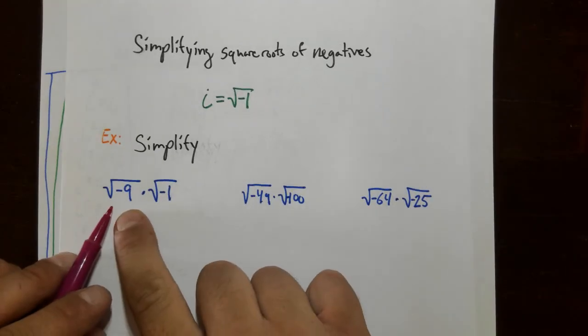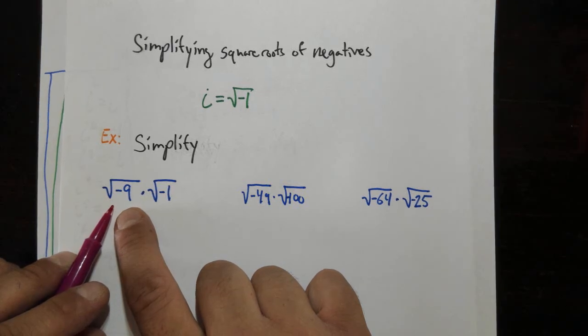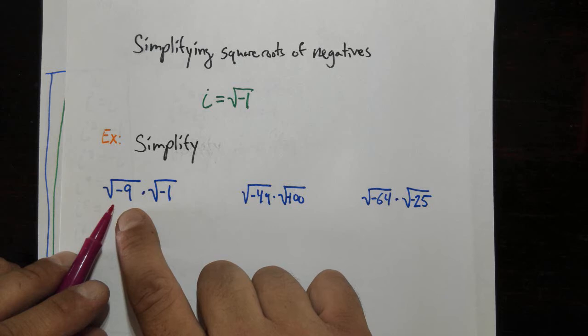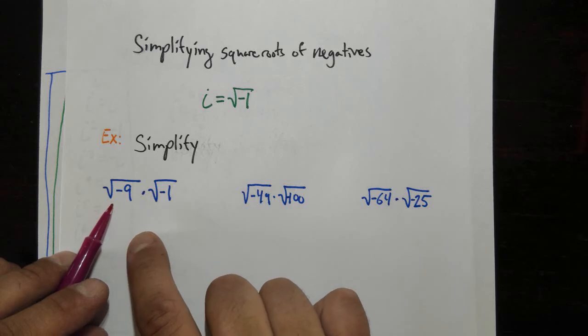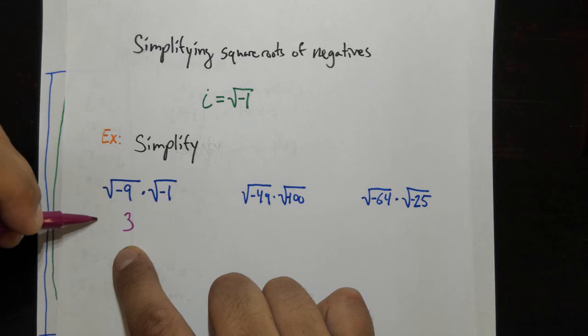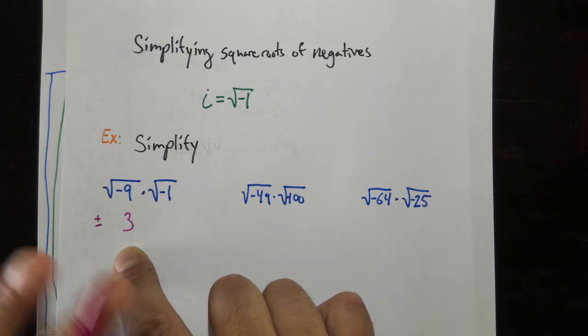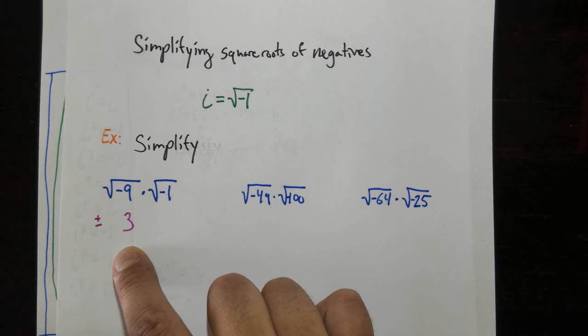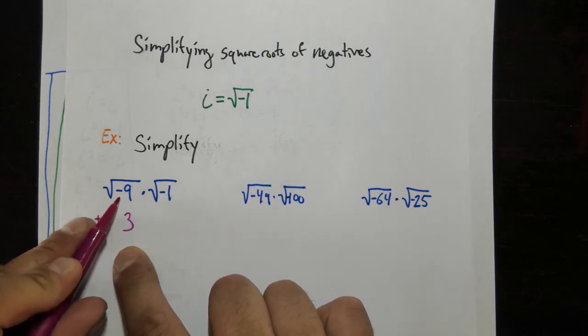The square root of -9 is going to be plus or minus 3i, right? I'm going to just put the plus or minus out front. We're not going to think about it just yet, okay? We'll tack it on at the end. But just know it's there.